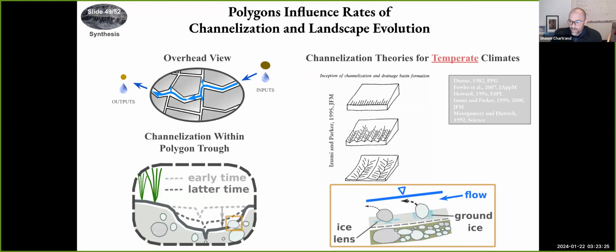The key problem with all of these theories, and why we cannot just apply them to cold environments, is that we do not know how sediment transport, erosion, and deposition occur when the ground is frozen or partially frozen. And this is relevant for these smaller stream systems, which will be largely what outlines these nascent or developing channels that evolve into a network.